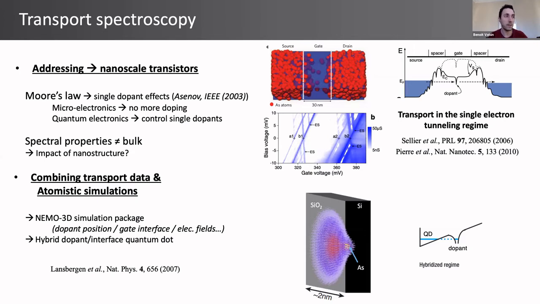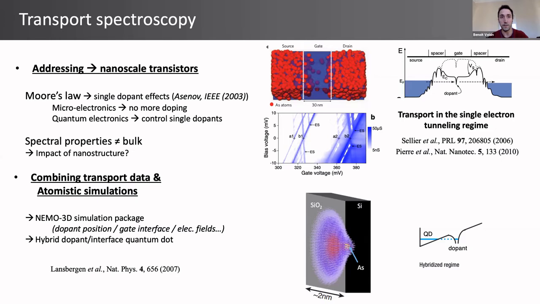And what was realized at that time is that under a finite electric field, the wave function of a single dopant that's brought close to an interface is actually distributed between the dopant itself and a quantum dot that is pinned at the surface of the gate electrode.